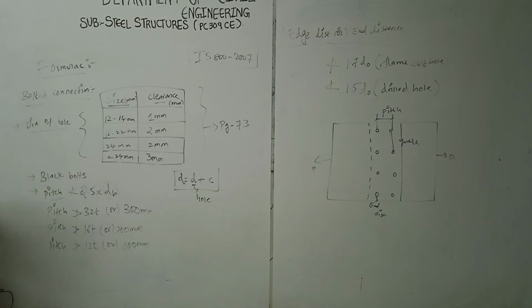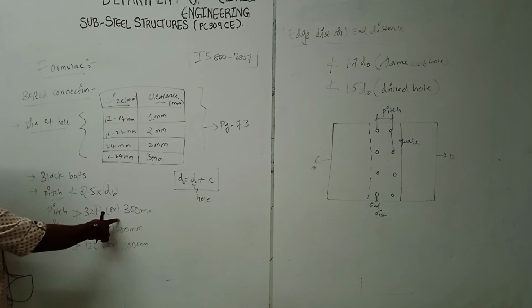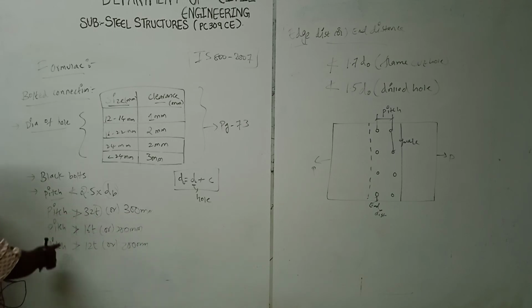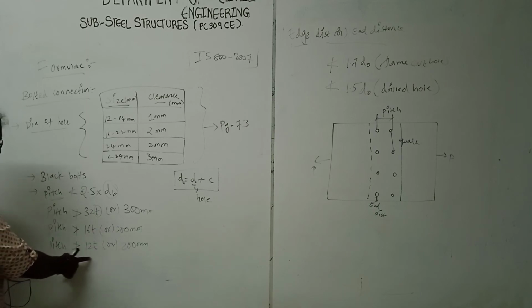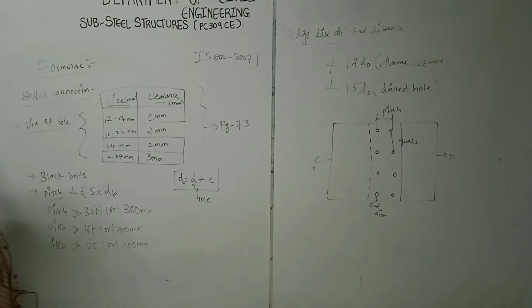Dia of your bolt is nothing but D plus clearance. Pitch should not be less than 32T, where T is the thickness of the plate, or 300 mm. And next one, pitch should not be less than 16T or 200 mm. Pitch should not be less than 12T or 200 mm, right here.